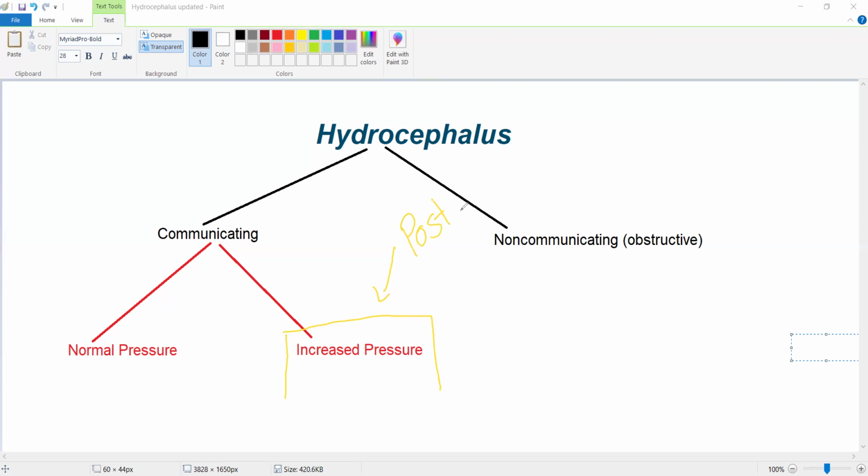Post-meningitis will lead to scarring of the arachnoid granulations.